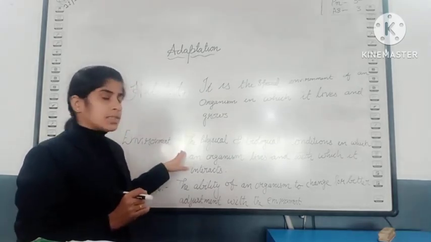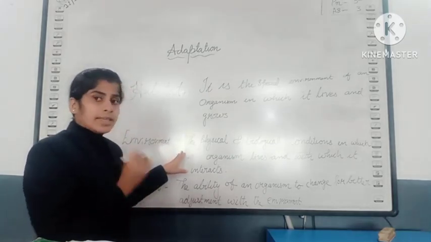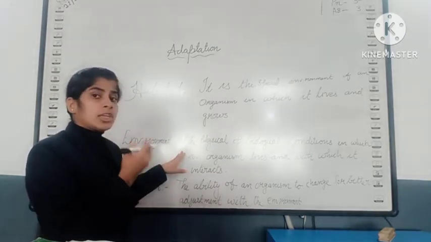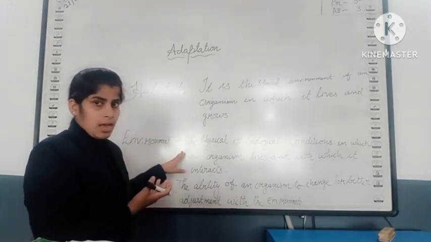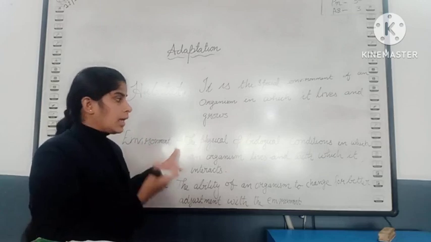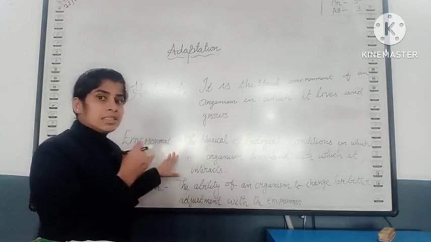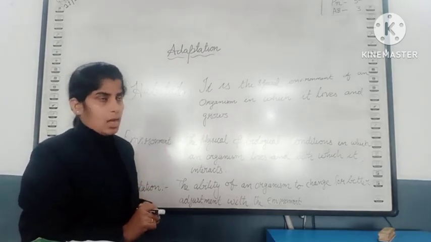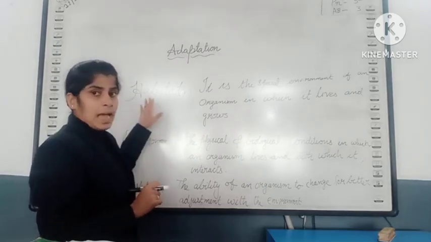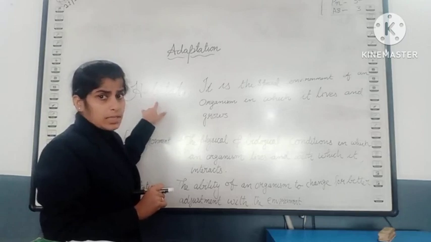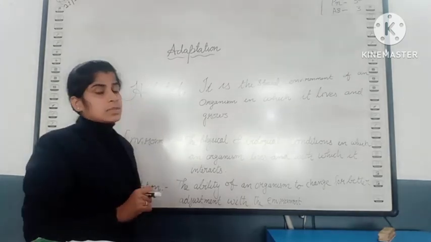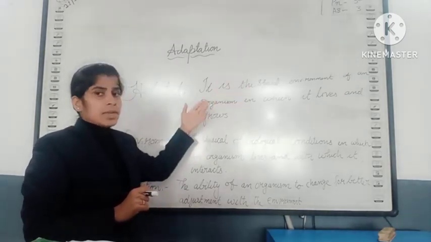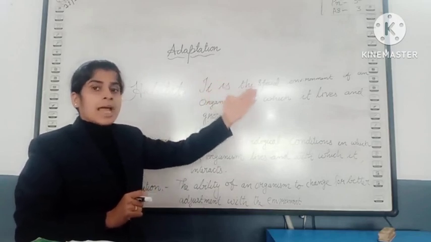Environment is the physical and biological condition in which an organism lives and with which it interacts. Is it clear? Once again, what is habitat? Habitat is a special environment of an organism in which it lives and grows.